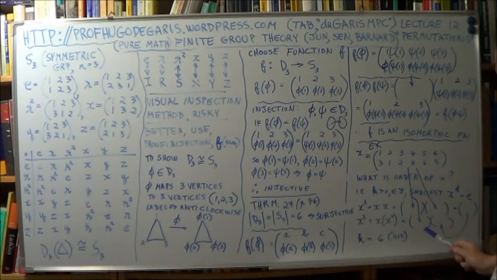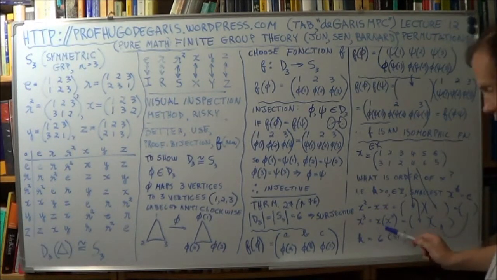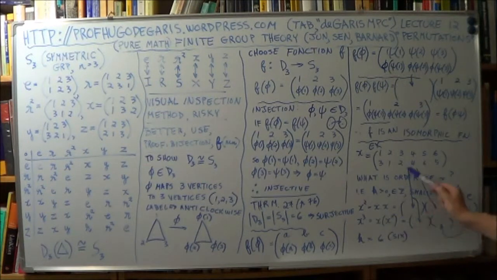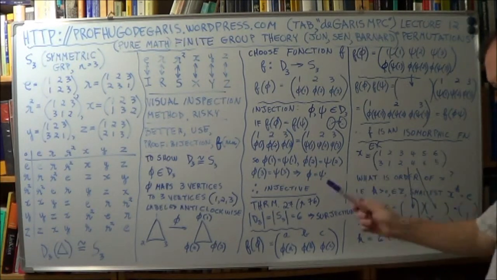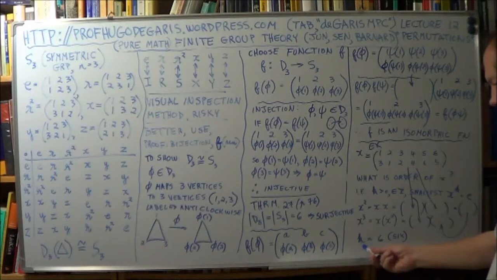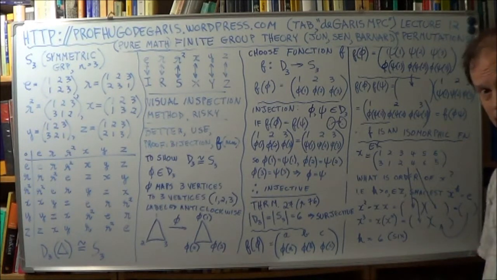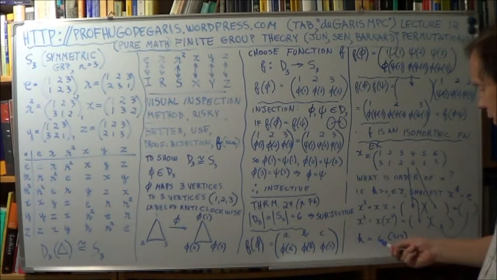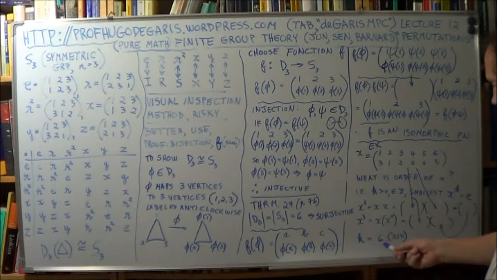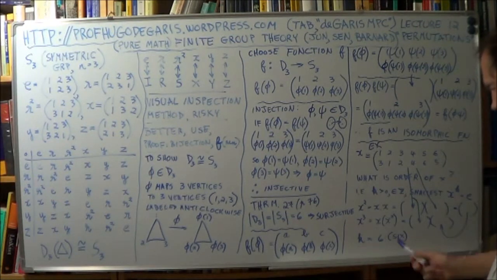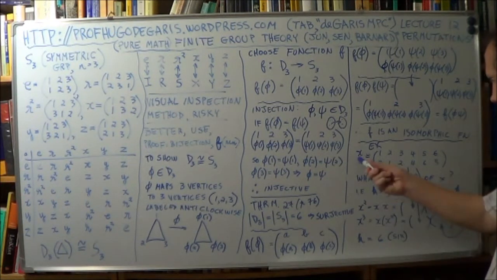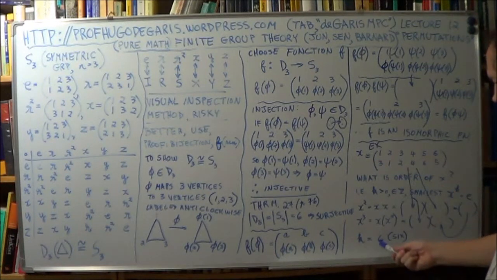So x cubed would be x times x squared. So this x, put it here, and x squared is whatever this results as here. Put that there, and just keep going. And eventually you'll end up with k is 6. So the order of this particular element is 6.